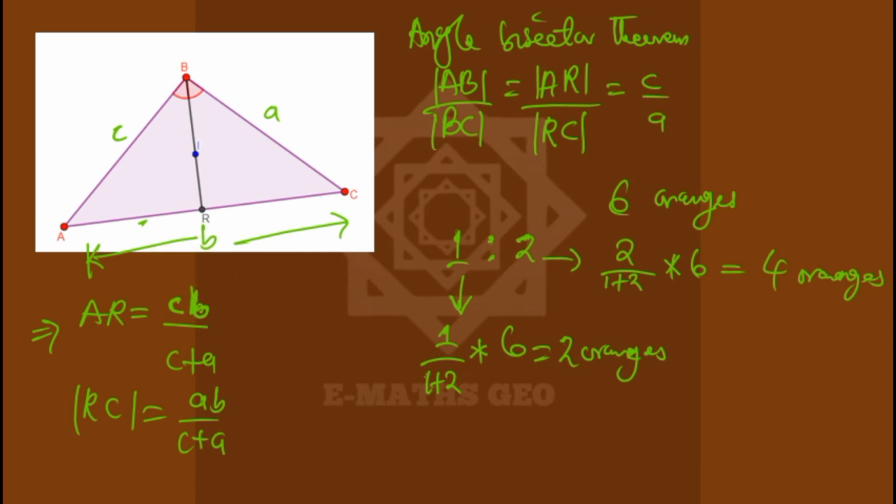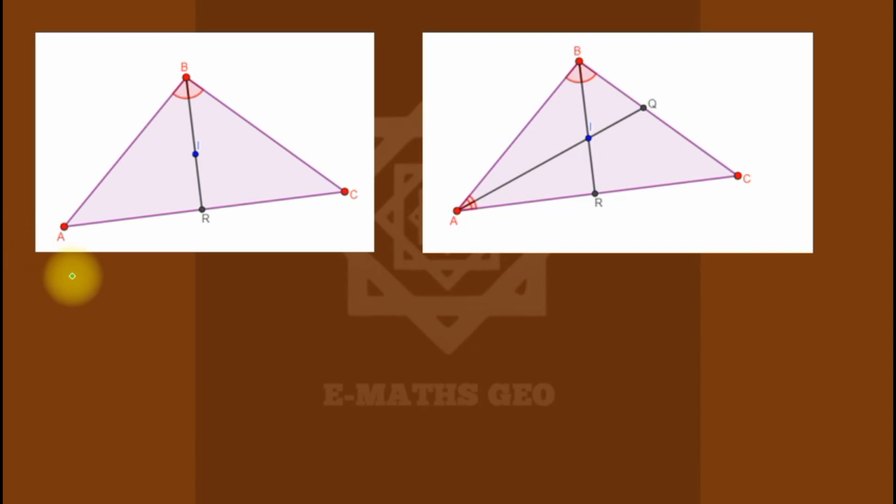So let's go over here. The length here is still C, this is A, so here will now be CB over A plus C, and here is AB over A plus C. If you add this, you still get B, the total length.